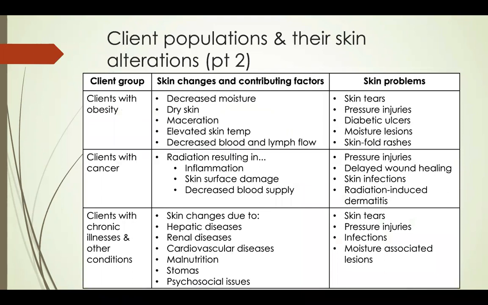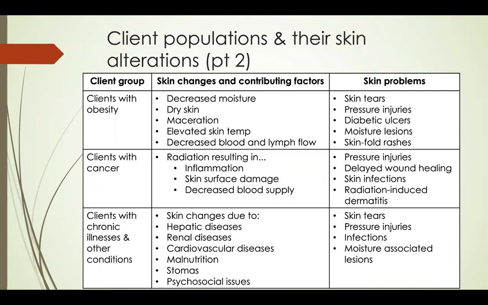So the next population that we talk about: we have clients who have obesity, and they can have drier skin. They can also be more susceptible to maceration, or wet skin, as well. They have elevated skin temperatures and decreased blood and lymph flow. So they're not getting as much circulation as well as lymph.